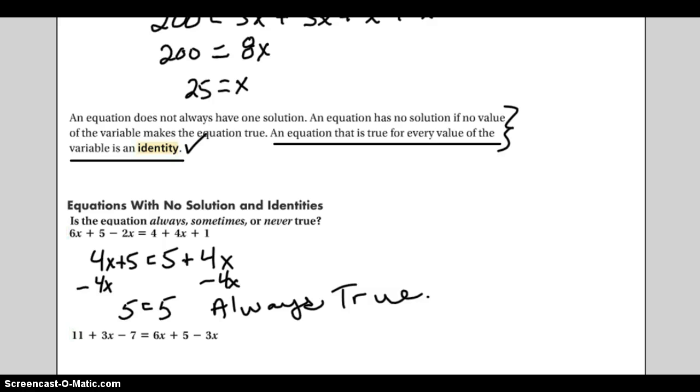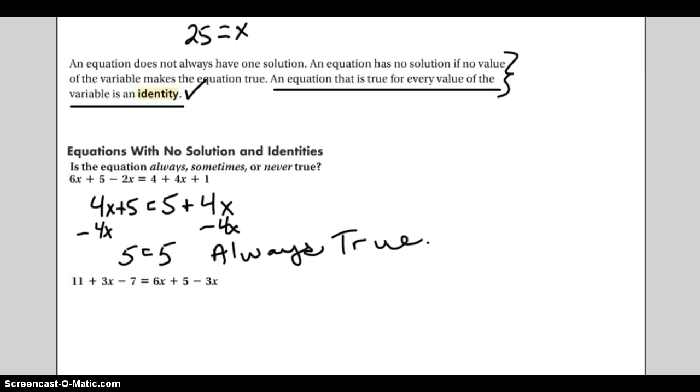Let's take a look at another situation. Here, let's again combine like terms on both sides. Subtract 3x from both sides.